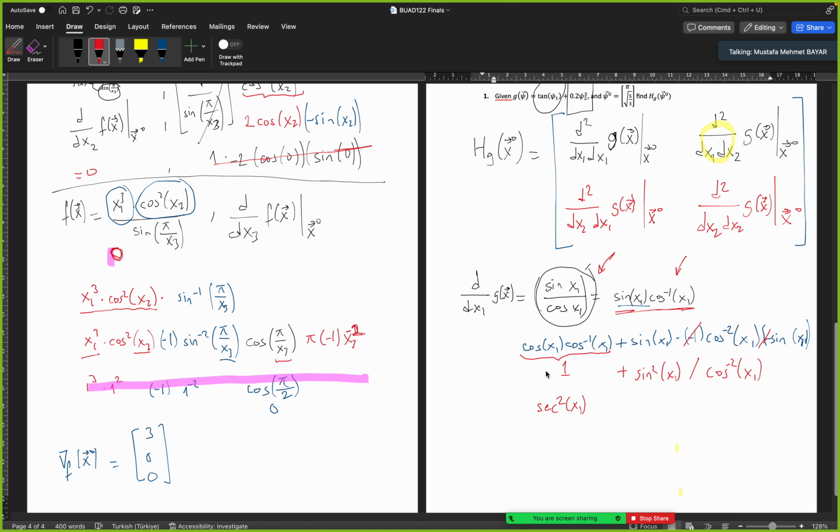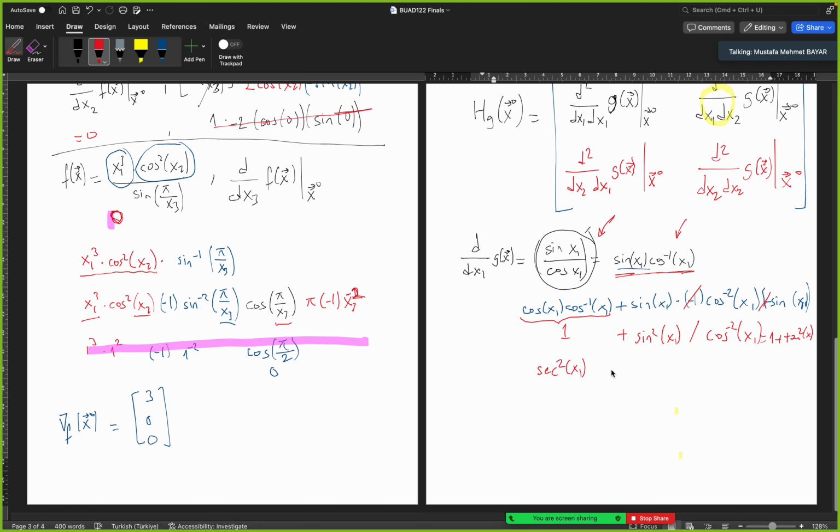They are just the same thing. Because this is just 1 plus tan squared of x, which is just secant squared of x. You should know the transition from 1 plus tan squared x to the secant squared of x. Okay, teacher, thank you. Most welcome.